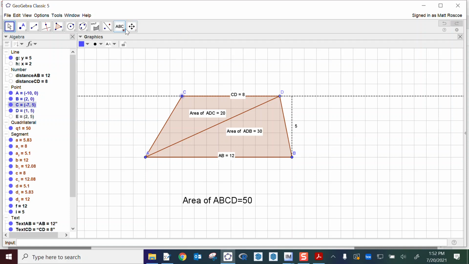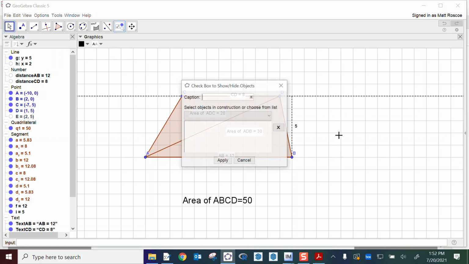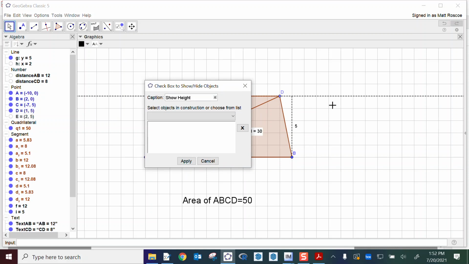So I'll go ahead and put a checkbox in, and the first thing I'm going to put it in as is, how about, show height. And what I want to put in there is this line and that distance.